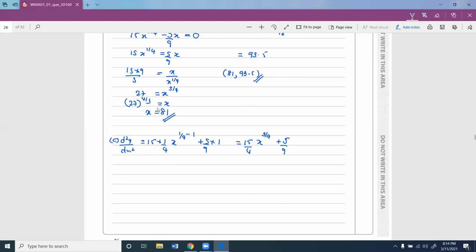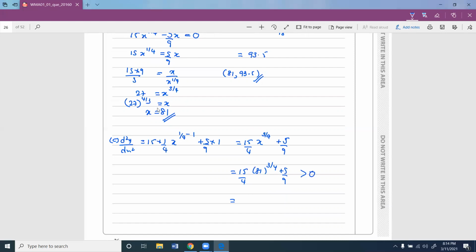Then if you put in 81, 15 over 4, 81 to the power 3 over 4 plus 5 over 9. The answer becomes 15 over 4 times 81 to the power 3 over 4. So anyway, this is a positive answer because you know that both the facts are positive.